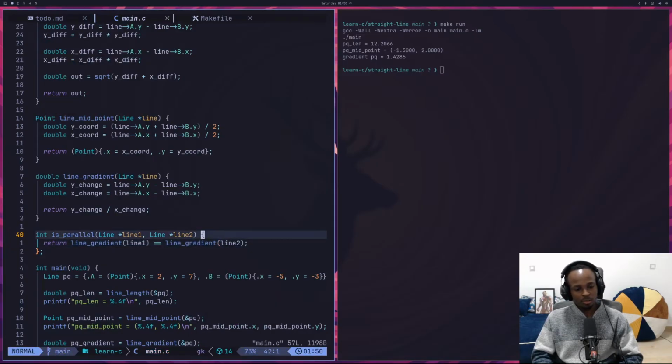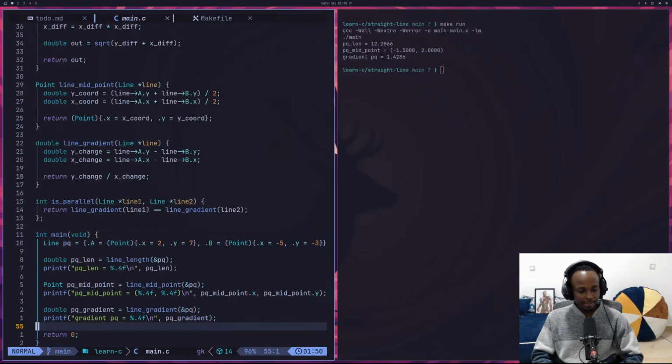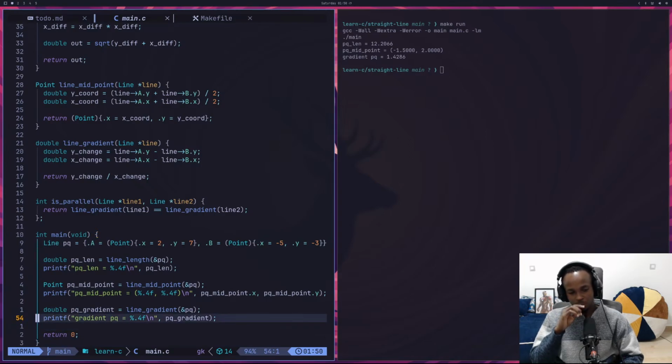So that's what we are supposed to be checking. And let's define 2 points which we know are parallel, and then some other ones which we know aren't parallel, and try checking. So I'll go back to the example we had earlier. Let me see if I can get it. Ah, nice.